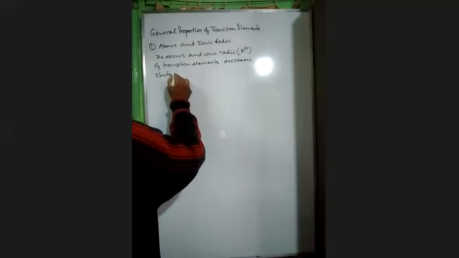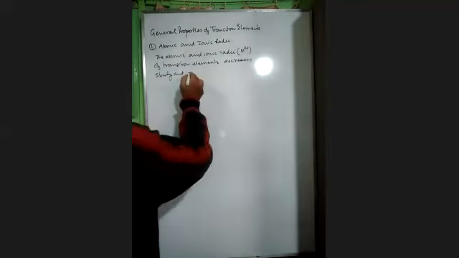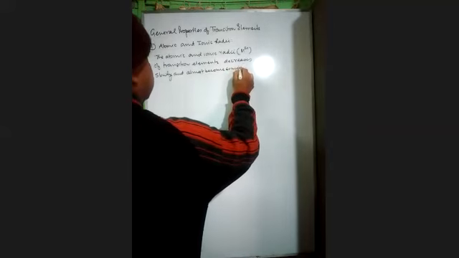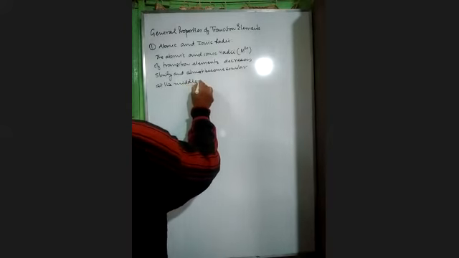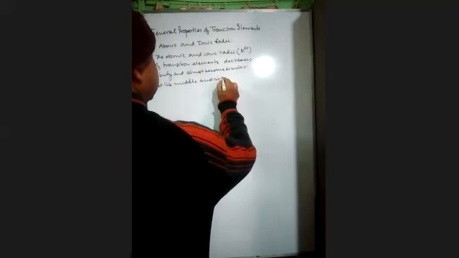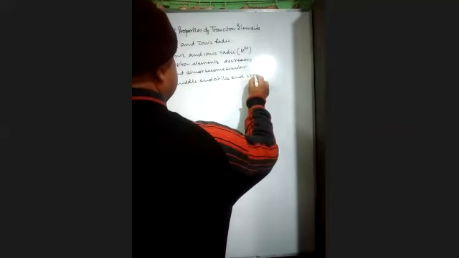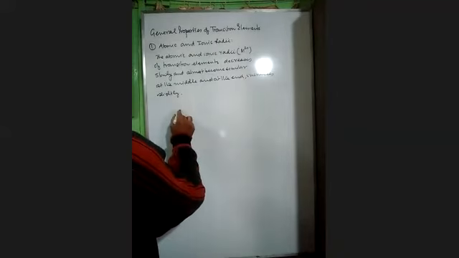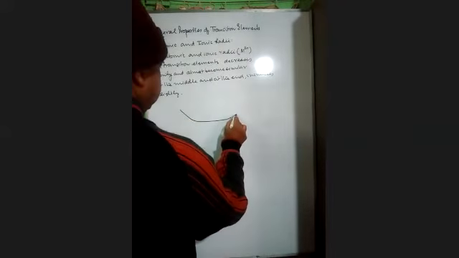The radius decreases slowly and becomes almost similar at the middle, and at the end it increases slightly. That is, we can say it is like this.